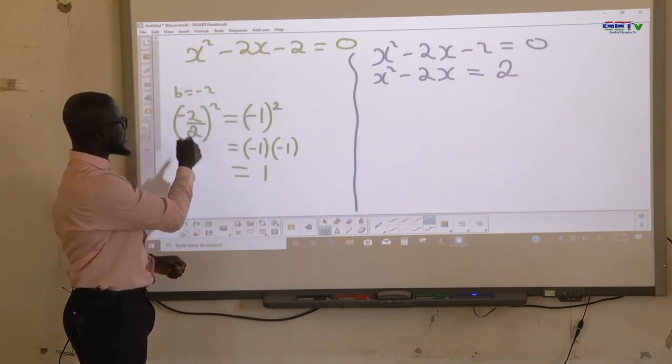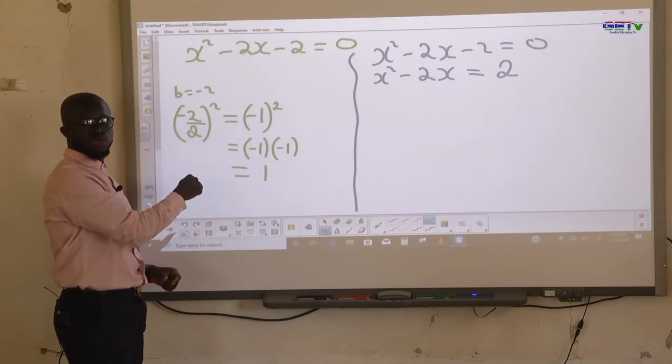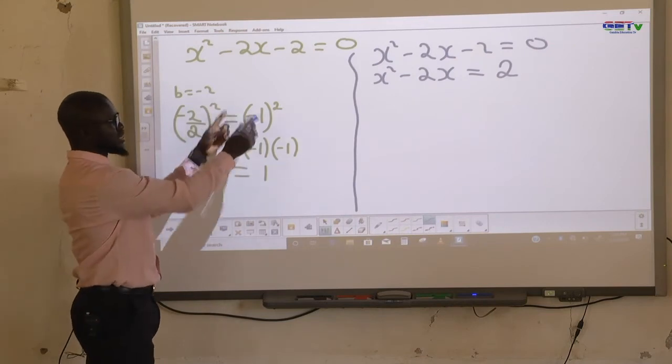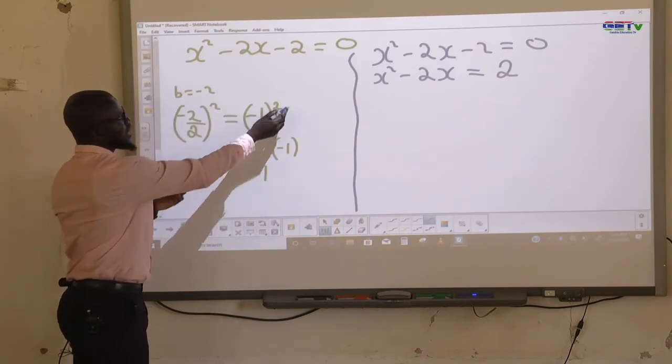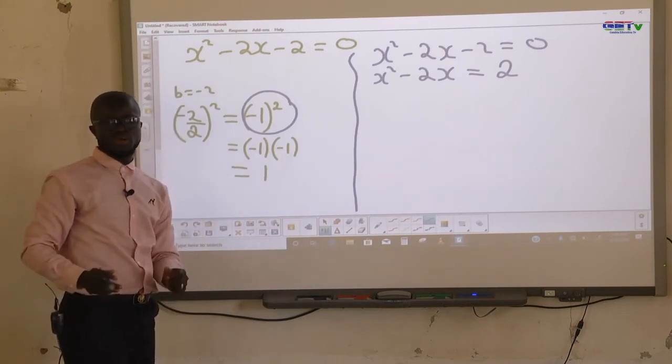We are able to take the value of b as negative 2. We divided that by 2, and we are able to get negative 1. And the result is squared. Now we are going to take that component and add it to both sides of the equation so that we can solve down to get the answer.